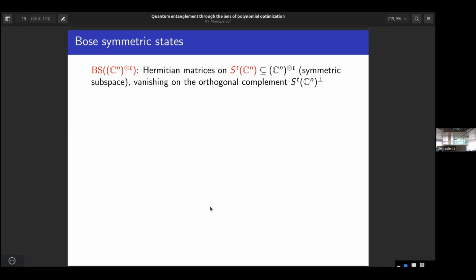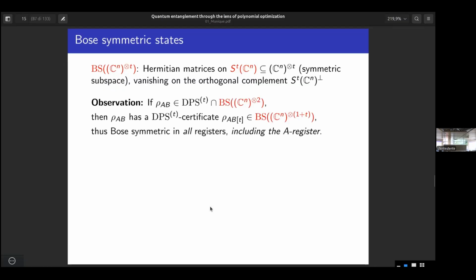So bosonic symmetric matrices are just matrices which act on the subspace of symmetric tensors. And again, an easy observation: if rho is in DPST and is bosonic symmetric, then it has a DPST certificate which is bosonic symmetric. It's also not difficult to see.